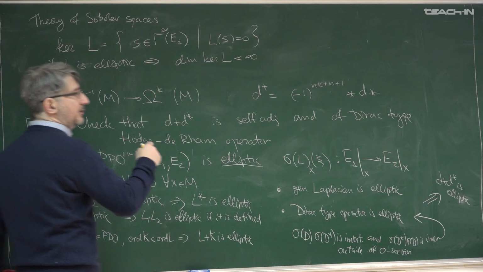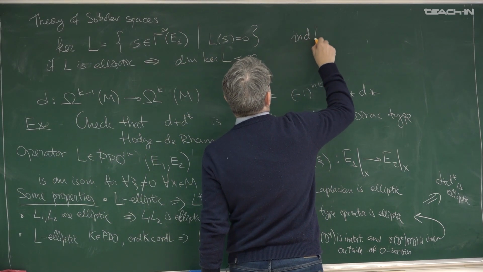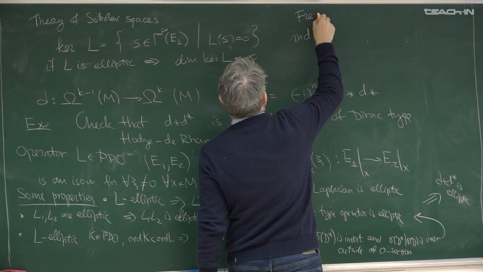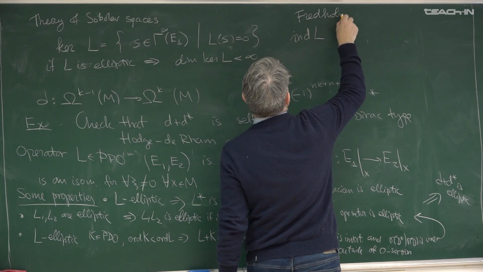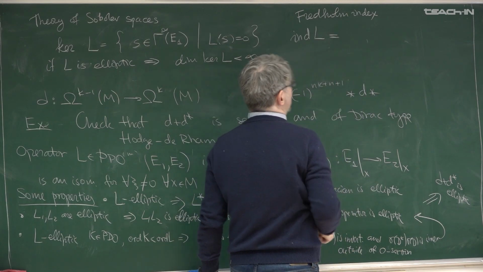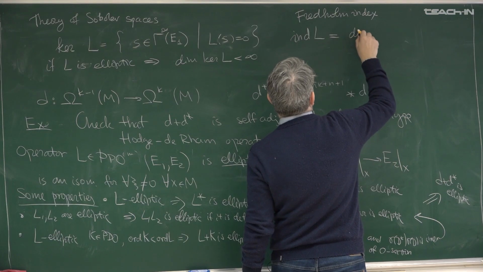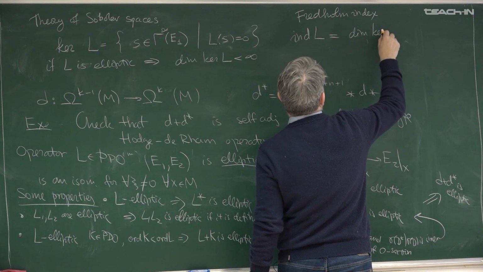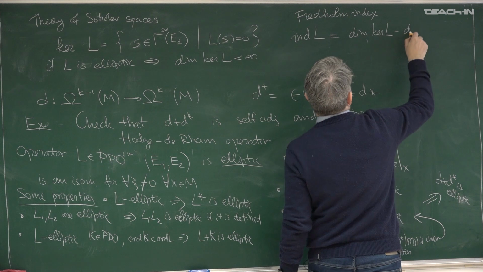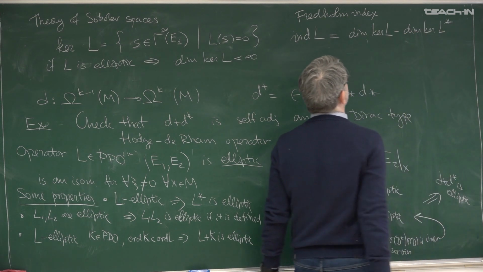Okay, so let me define the index of L, the Fredholm index. The index of the operator L is given by this formula. It's the dimension of its kernel minus the dimension of the kernel of its formal adjoint.